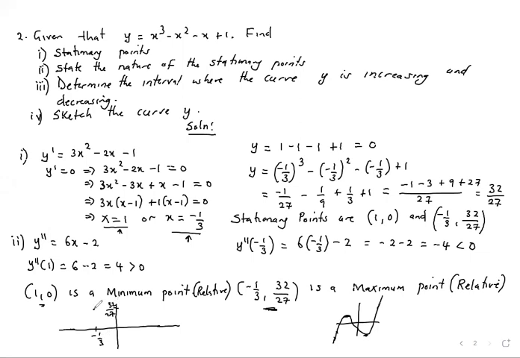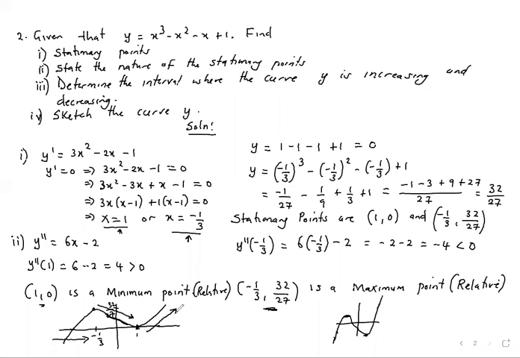That's a point. We also have 1, 0, another point. For this to be maximum, the function was increasing, and then it starts decreasing. And for this to be minimum, the function started increasing. So we know that in this interval here, the function is increasing. This interval here, the function is decreasing. And this interval here, the function is increasing.